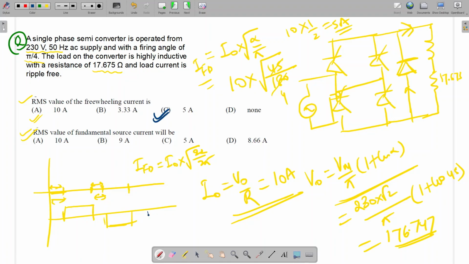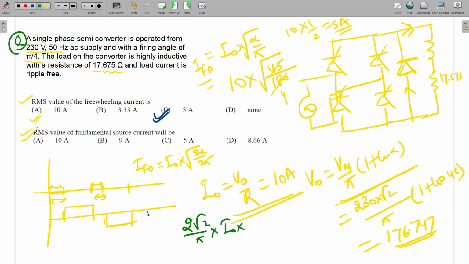Similarly, we can calculate the fundamental value. I have already told the fundamental value formula: 2 root 2 upon pi into I naught into cos alpha by 2. This is the IS1 RMS value magnitude.